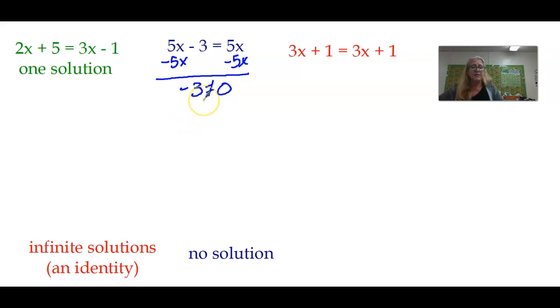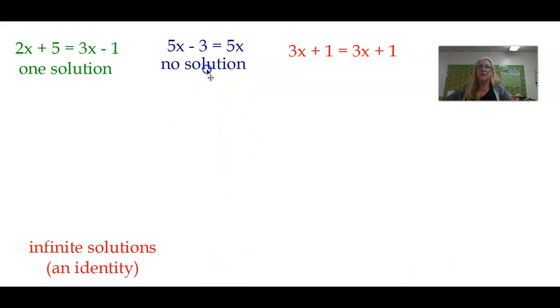It's impossible. There's no solution for this equation. Let me clean that up and give it its label. No solution. If the variables on each side are equal, but the other stuff that's going on is not, there's no solution.